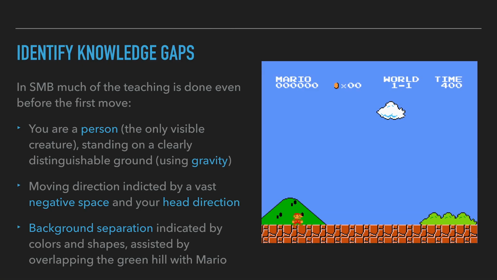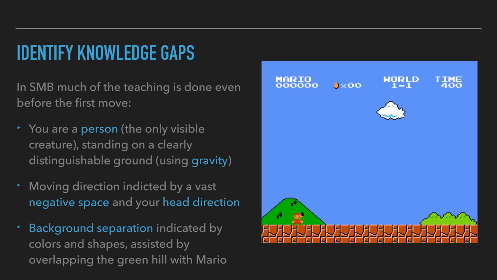So one of my favorite images of all time is the first thing that you see in Super Mario Brothers, when we're talking about identifying the knowledge gaps. Look what this game did before you even started playing. You already understand that you're a person because this is literally the only object on the screen. You are standing on a very firm, clear ground, so gravity is probably in effect.